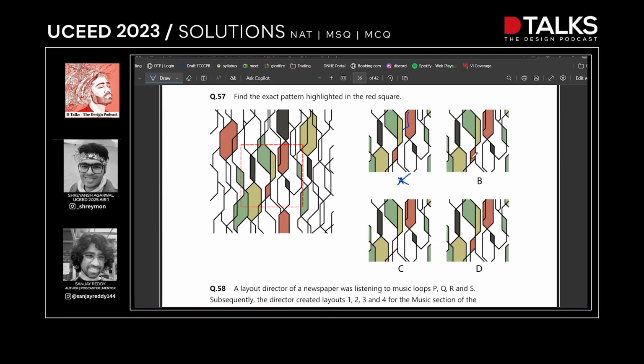Here, this part, and it also is there. So option B is wrong. And in C and D, the difference is over here. In C, the right rectangle in the center is not colored, no? Yes, this part. So C is also wrong. So the answer is D.